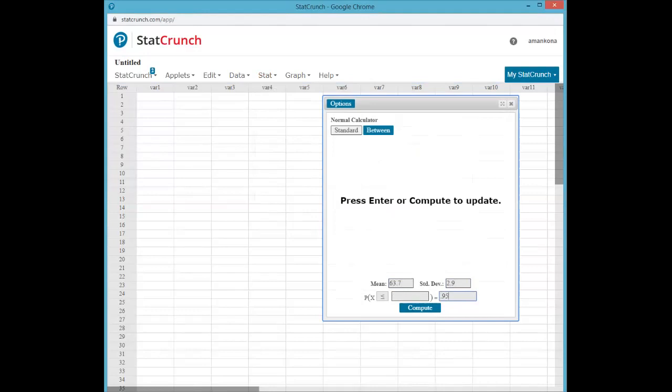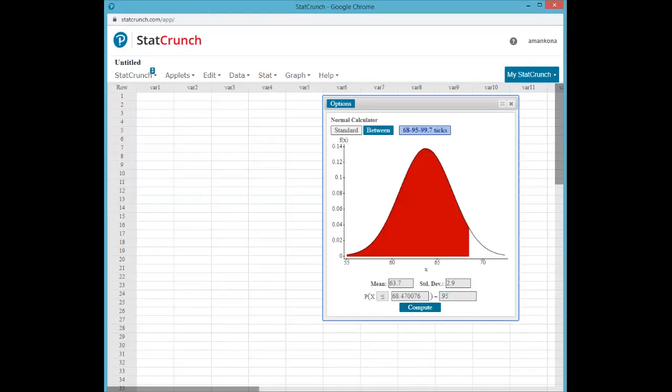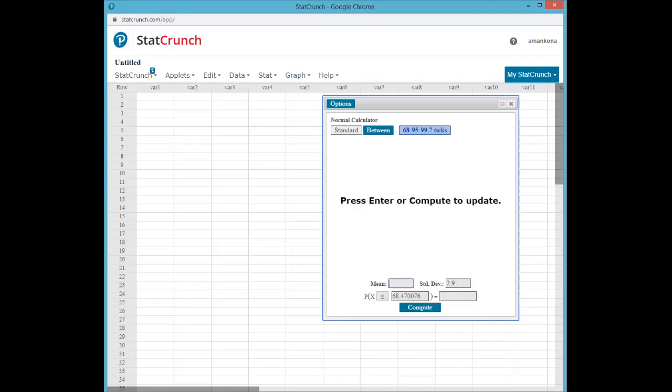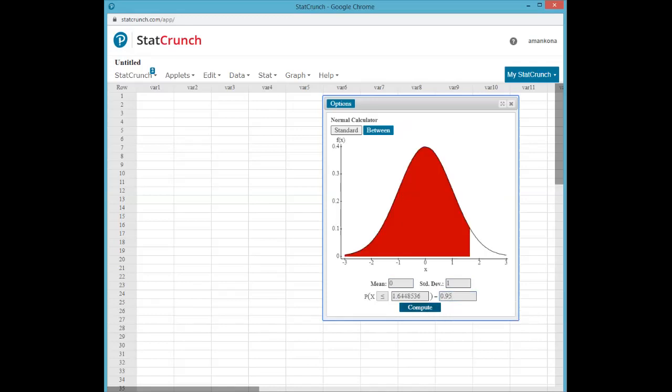So that's the z-score that I want. When I don't convert, it gives me the value that I really want, the x value. However, this is not the z, and I want to use the formula. So what I need to do is change this to what? 0. The mean is 0. I need to standardize, and then the standard deviation is 1. But the probability to the left is the same, and then let's compute that.